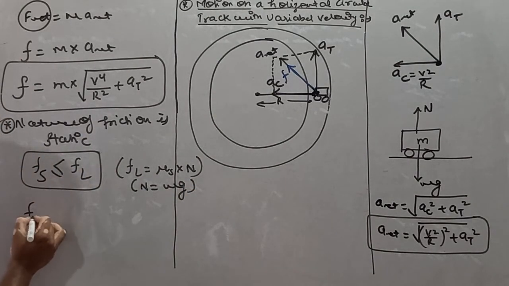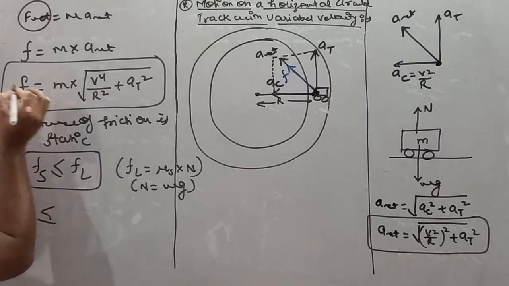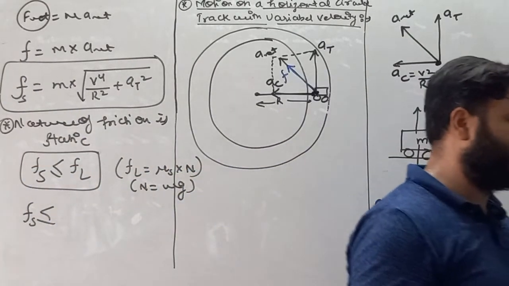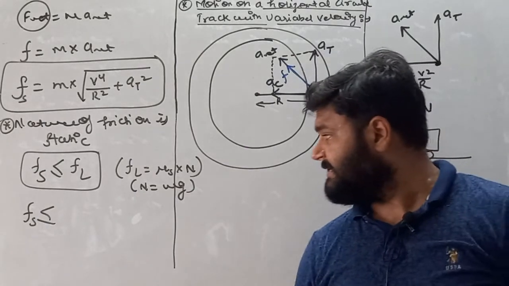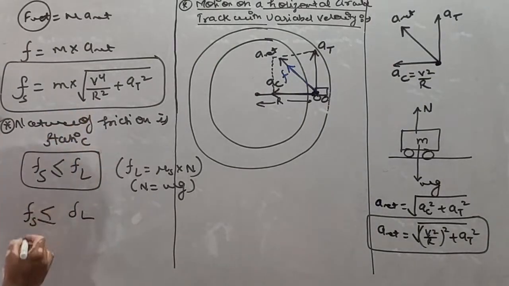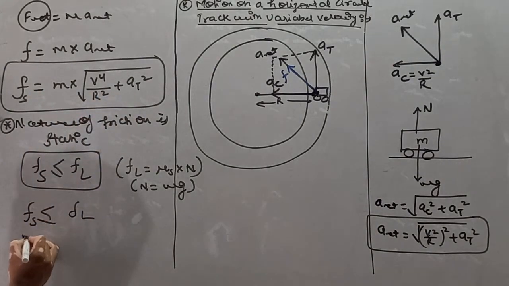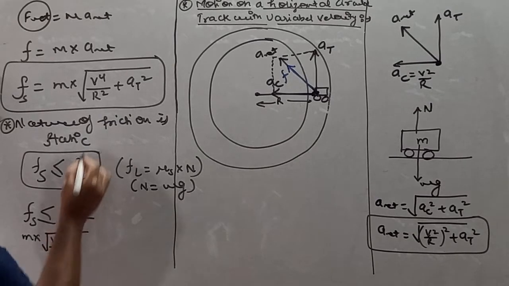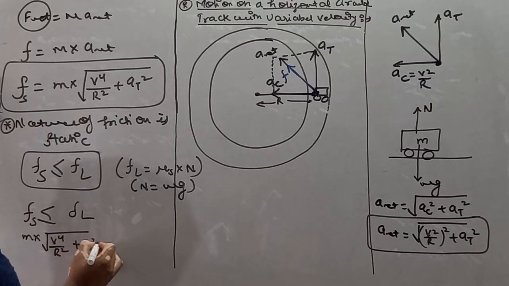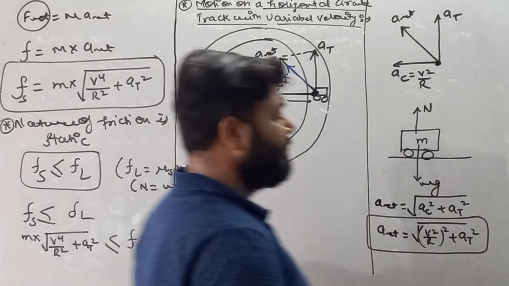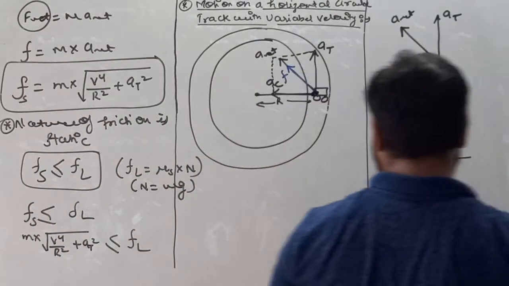So this friction is nothing but static friction which provides acceleration. So static friction is less than or equal to limiting friction, and instead of static friction we can write m into under root v raised power 4 by r square plus AT square, which is less than or equal to limiting friction.